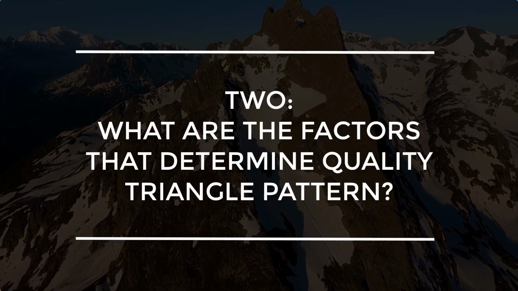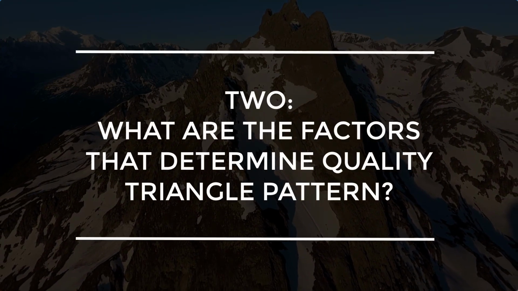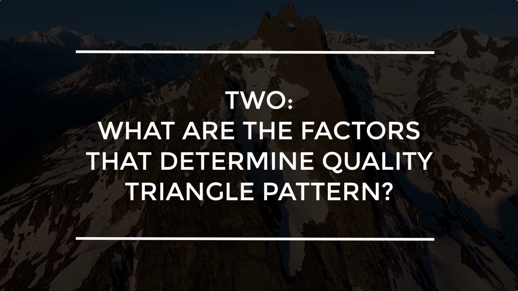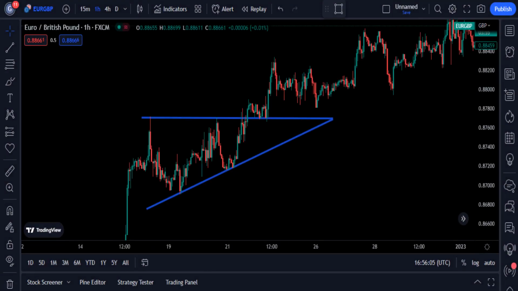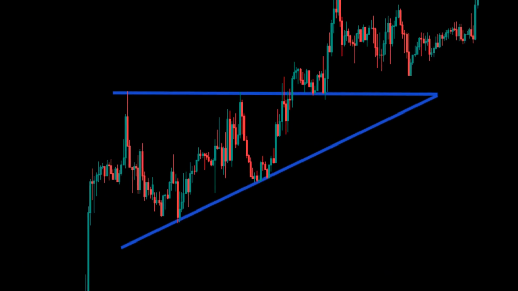2. What are the factors that determine a quality triangle pattern? First factor is the number of times price touched the trend lines. You want to see at least 2 touches on both trend lines, making at least 4 touch points on a pattern.